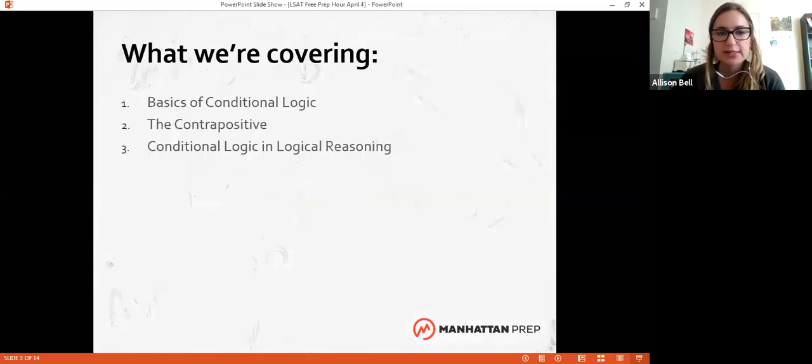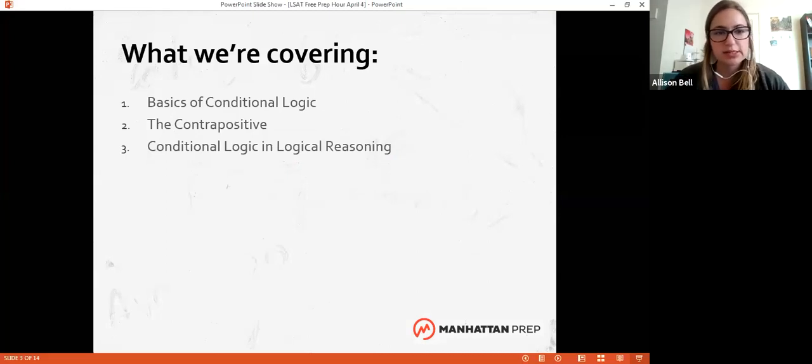So today's lesson is going to focus on a concept that is present in a lot of the LSATs called conditional logic, what we think of as formal logic. It's a concept that is heavily used in logic games, and that is also heavily used in logical reasoning, and it looks a little bit different in each of those.